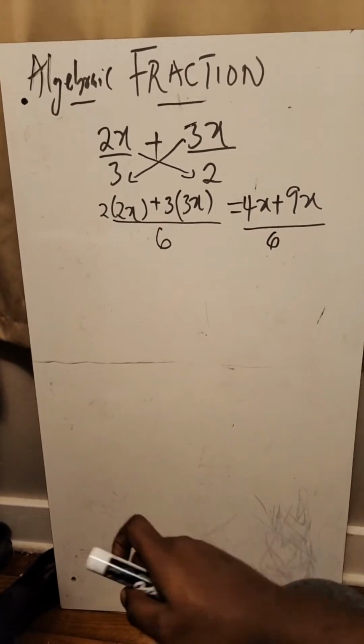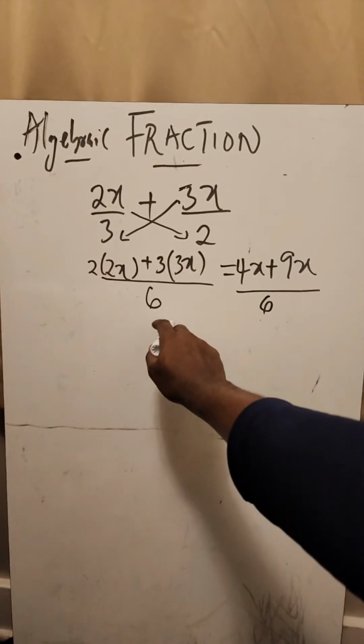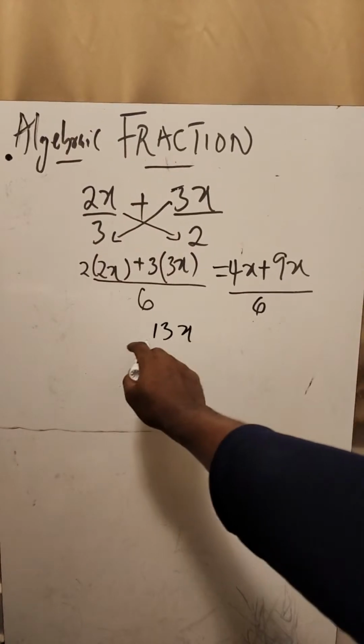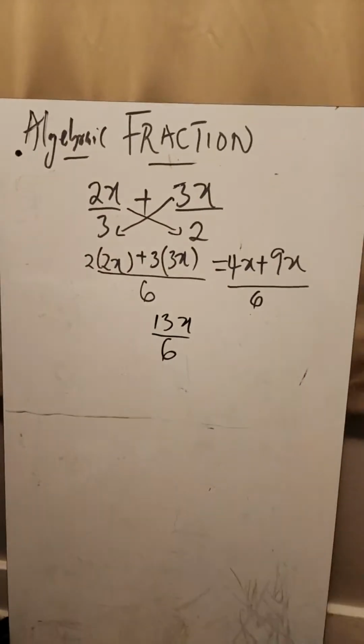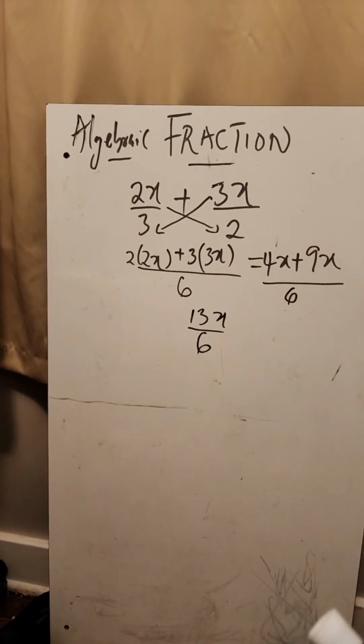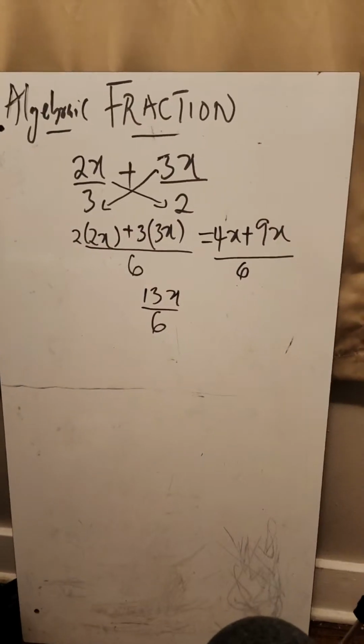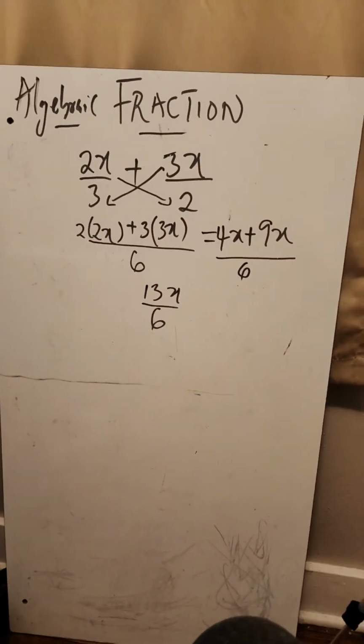From here, you can see that 4x plus 9x is 13x divided by 6.